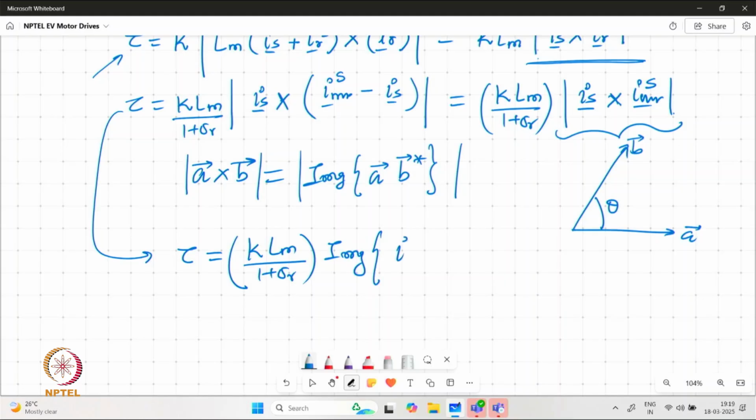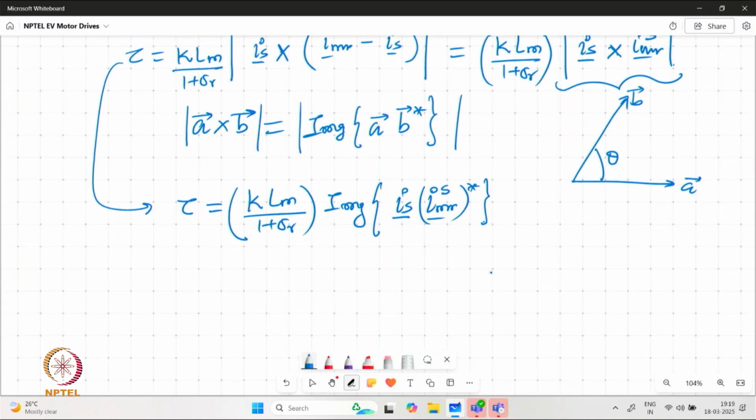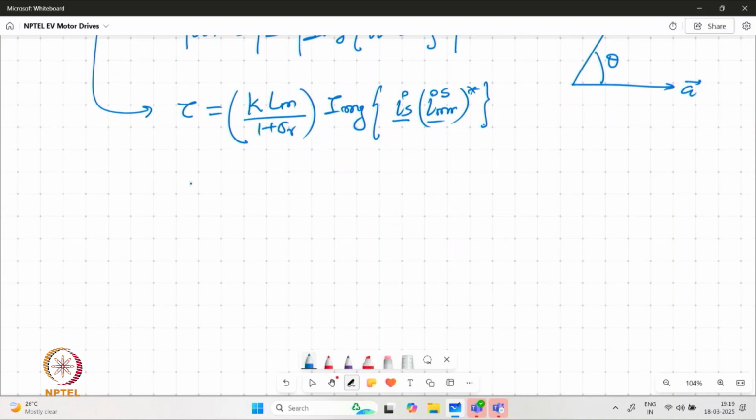the imaginary of the product of IS and the complex conjugate of IMR. Now IMR in the stator frame of reference can be opened up.